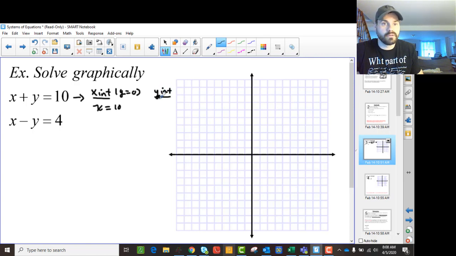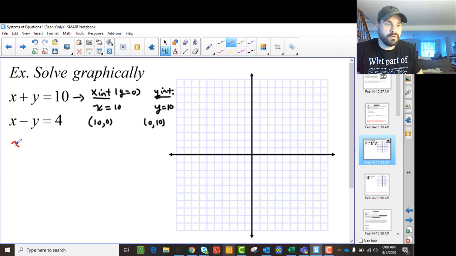I let x be 0, and I get y to be 10. So my x and y intercepts for this one are (10, 0) and (0, 10). Now I'm using that method because it's an easy one to use in this case. You can use any method you want. In other words, you could solve this for y and use the slope-intercept method. It doesn't matter. But that's what I'm going to do for that one.